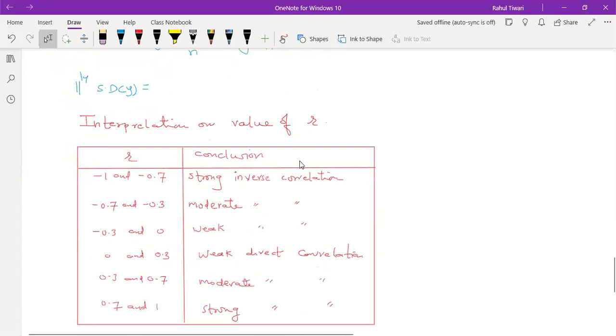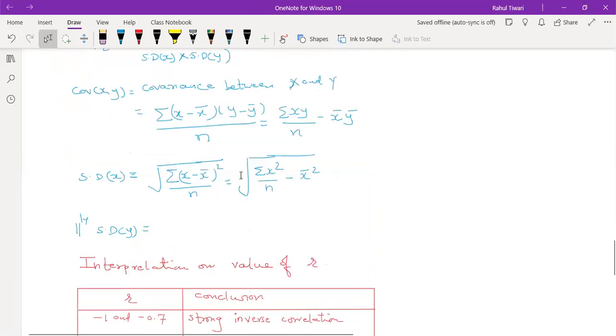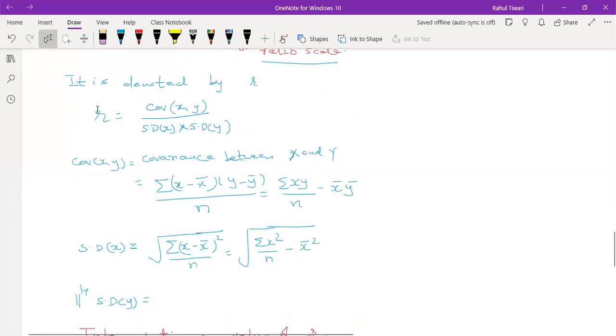The formula, sir. Okay. The Pearson correlation denoted by r has the formula covariance of x, y upon standard deviation of x into standard deviation of y. It is the same.